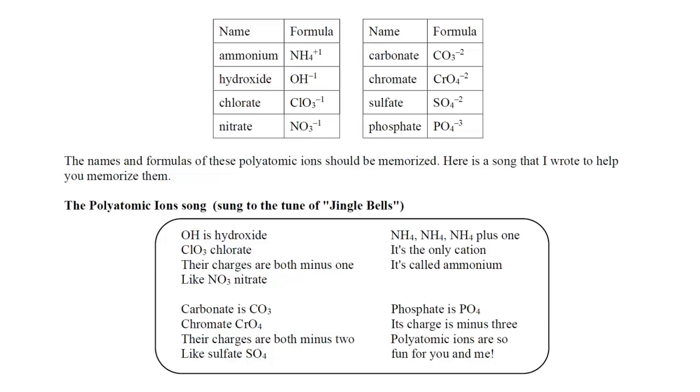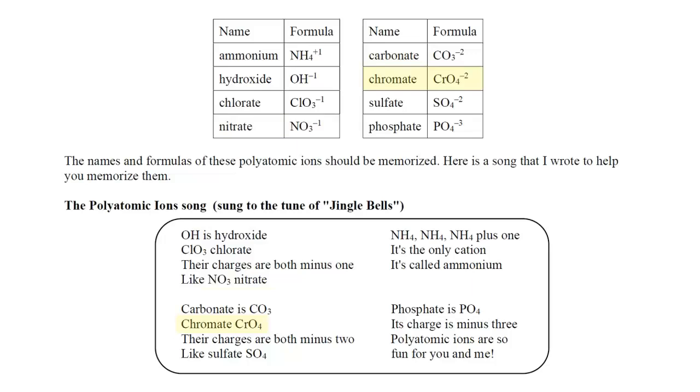OH is hydroxide, ClO3 chlorate. Their charges are both -1 like NO3 nitrate. Carbonate is CO3, chromate CrO4.